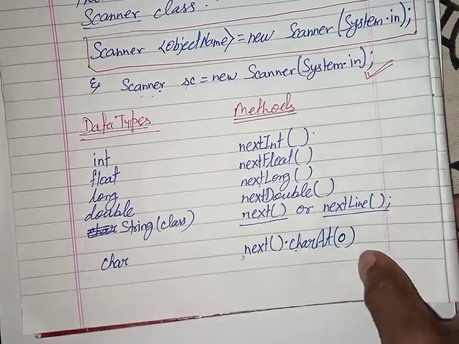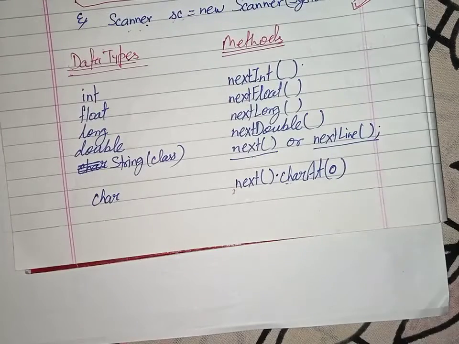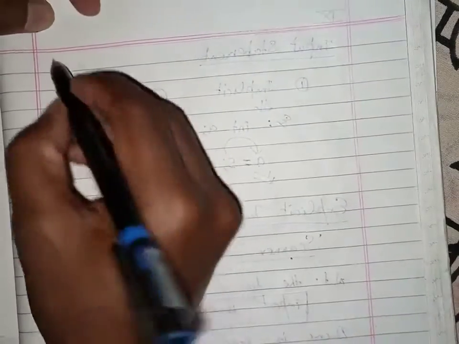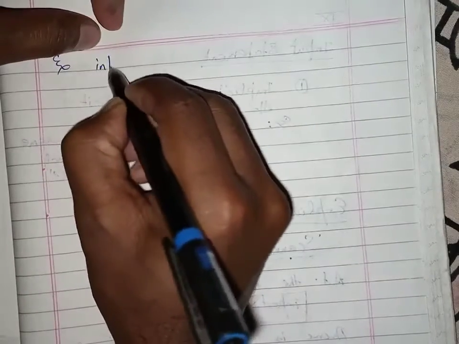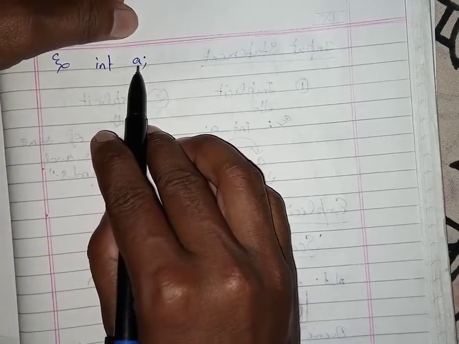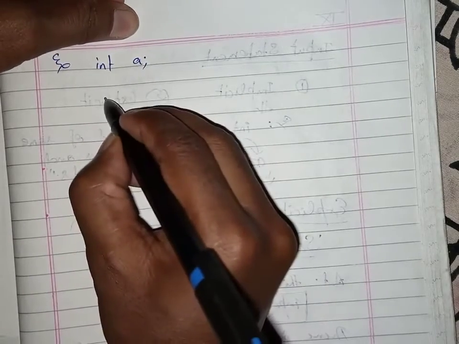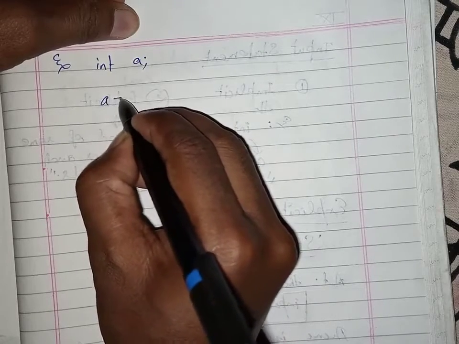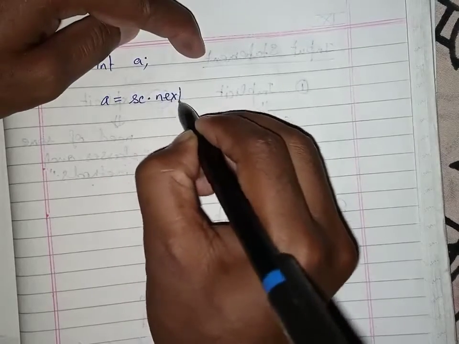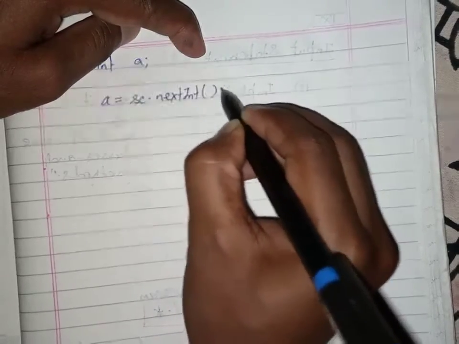But how can you use this? Let me tell you one example. Suppose integer a, if you want to input a value into this a using explicit input, then you can write a is equal to sc dot next int.